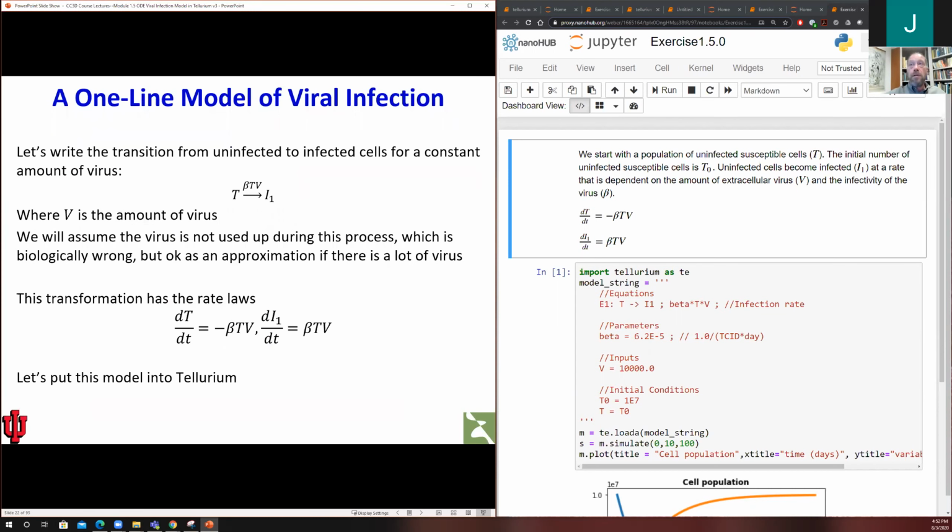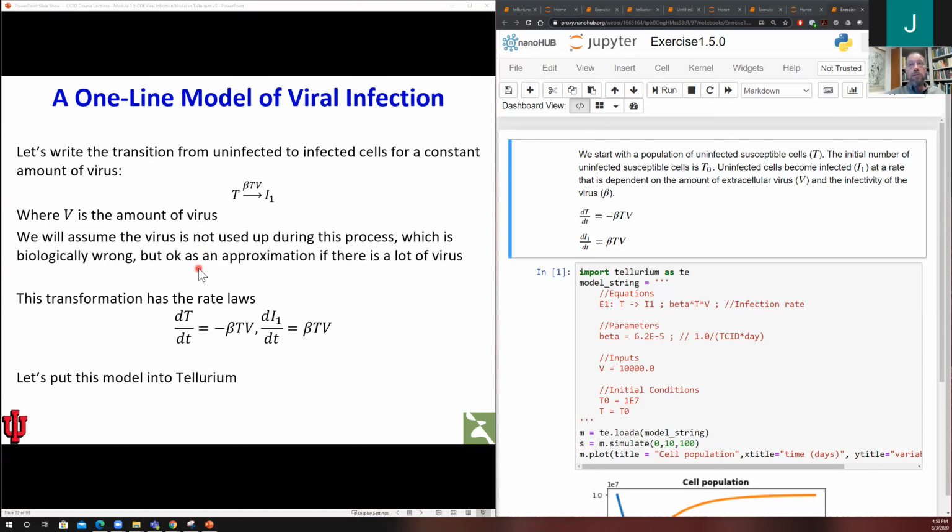All right. So we're going to build a one-line model of viral infection, not a very elegant one. We're going to say that the virus V infects the infectable cells T, turning them into early infected cells I1 at a rate that's proportional to the number of T cells, the rate beta, and the amount of virus.